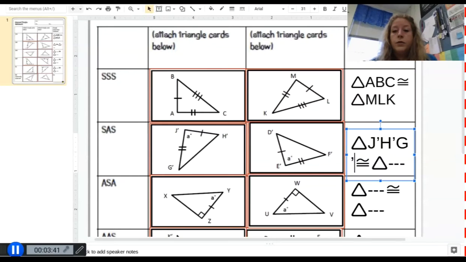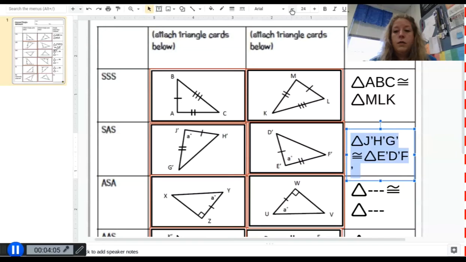H prime is next to the 1 tick mark, so it's D prime. And G prime is next to the 2 tick mark, so that's F prime. So if you ever run out of letters when you're labeling something, you can start putting apostrophes after them. And you can do double prime and triple prime too if you end up needing that many.